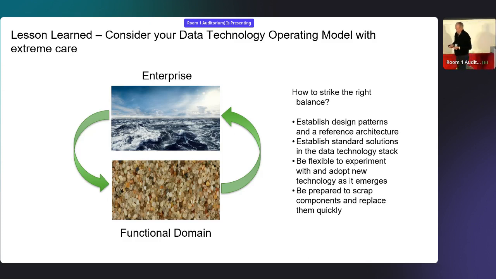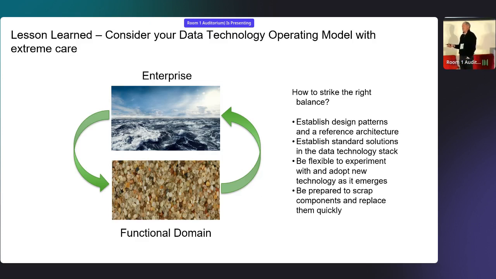And so questions like, can we establish a design pattern broadly and then do projects that adhere to that pattern? Can we establish standards? How do we bring flexibility and experimentation to the corporate environment to allow us to move forward quickly with new technologies?